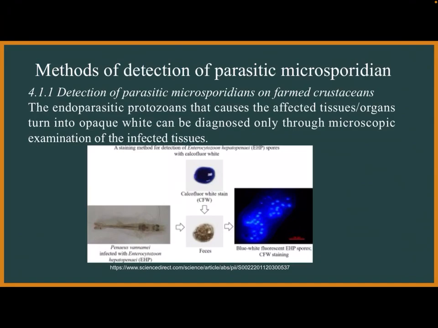We can use CFW stain to detect whether EHP spores are present. And as we can see in the image, the blue-white fluorescent EHP spores can be seen.